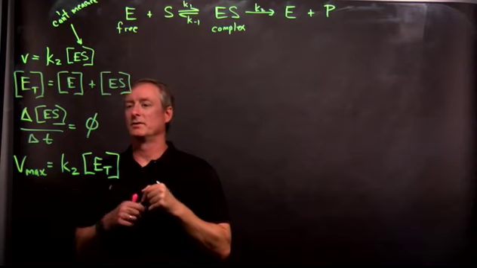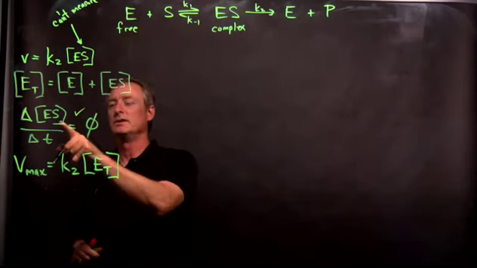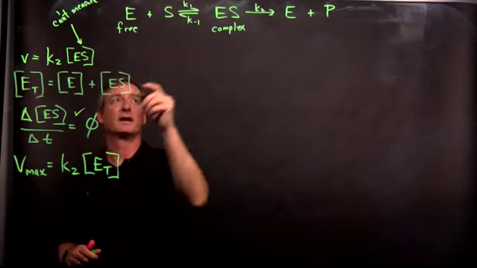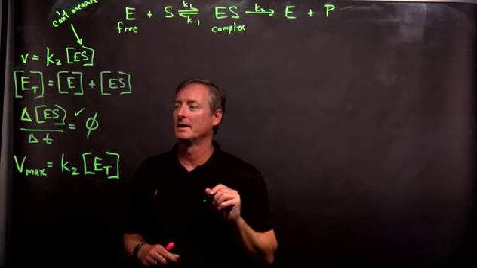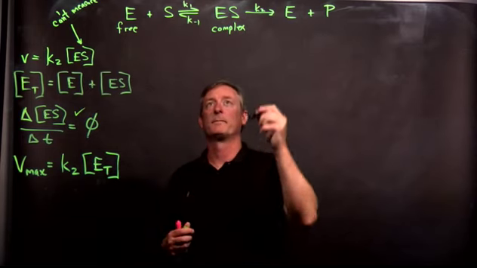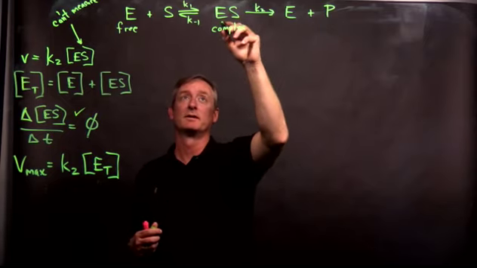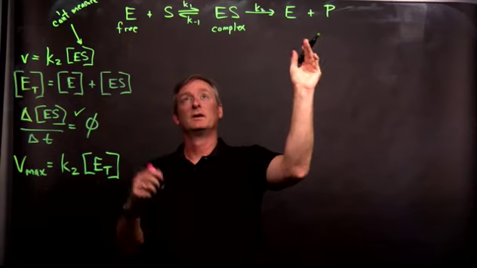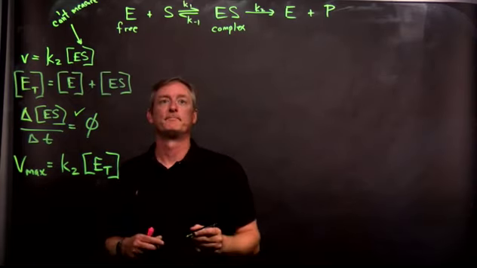Now, what we're going to do at the start is use the concept that the concentration of the enzyme-substrate complex reaches equilibrium. And again, we know that equilibrium is a dynamic situation where the enzyme-substrate complex is being formed and being dissolved, and the rates of those two things are equal at equilibrium.